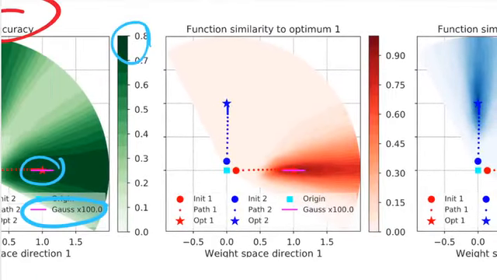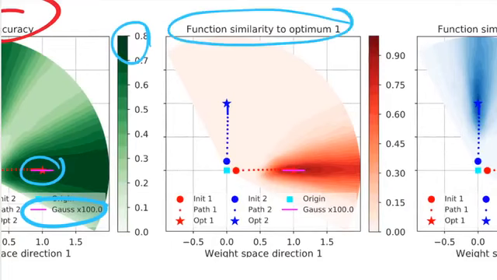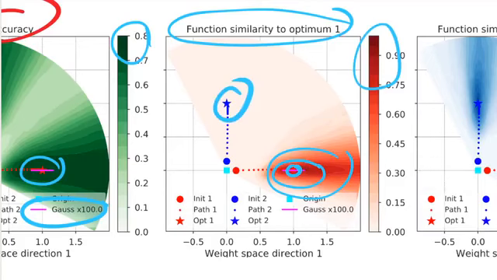So here again, they do a function similarity. In this case, it's the function similarity to optimum 1. And this is again how many of the labels agree with the optimum right here. And you can see that within this basin of attraction, you have fairly high overlap of the functional similarity. But here, none, right? So 15% or so. It's not going to be 0 because they're going to agree on some of the examples.